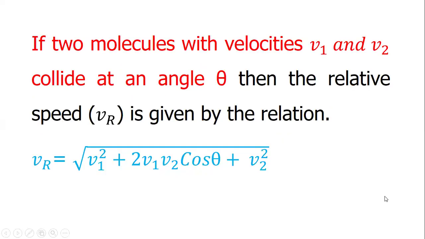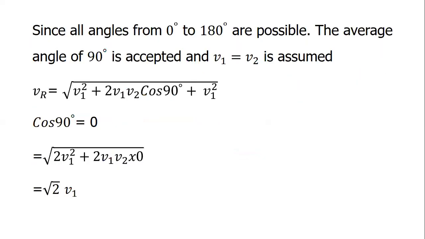If two molecules with velocities v1 and v2 collide at angle theta, then the relative speed Vr is given by Vr equals root under v1 squared plus 2 v1 v2 cos theta plus v2 squared. Since all angles from 0 to 180 degrees are possible, the average angle of 90 degrees is accepted and v1 equals v2 is assumed.